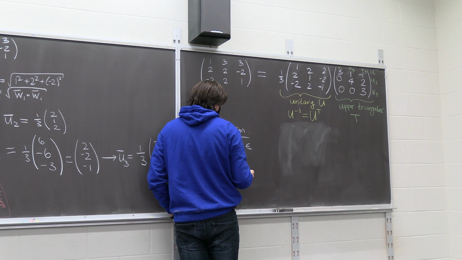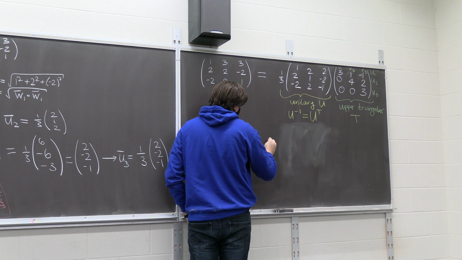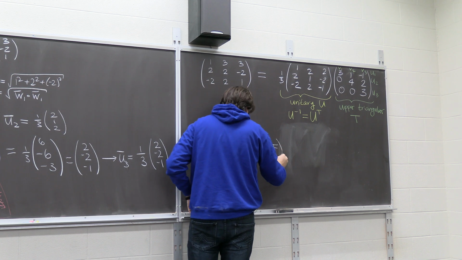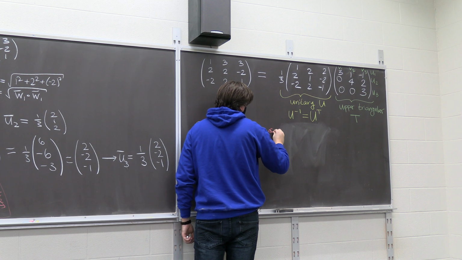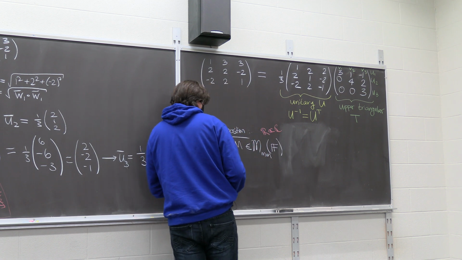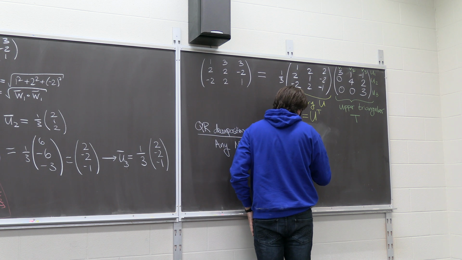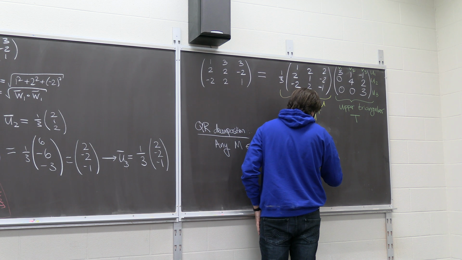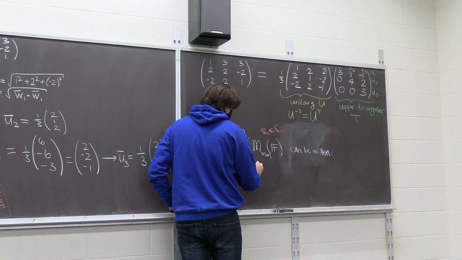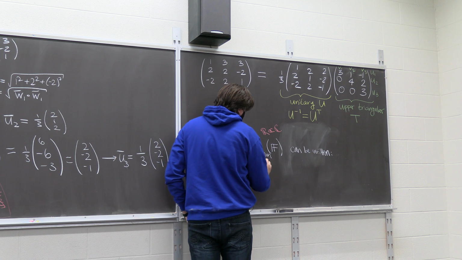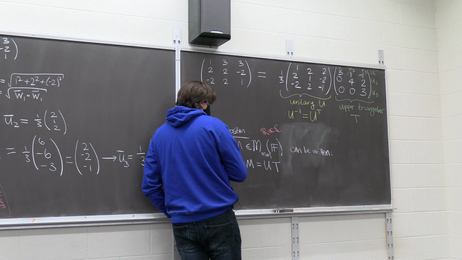Any M by N matrix M over some field F, where that field is either the reals or the complex numbers, can be written as that matrix M equal to a unitary matrix times an upper triangular matrix.